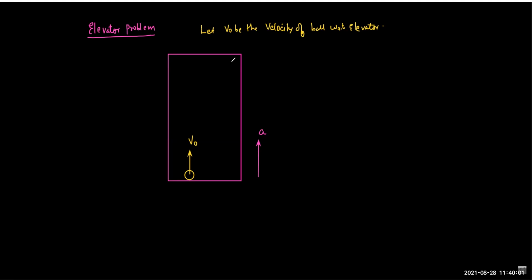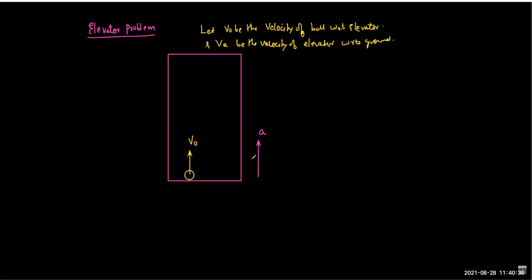So let V naught be the velocity of the ball with respect to the elevator, and V E be the velocity of the elevator with respect to the ground.